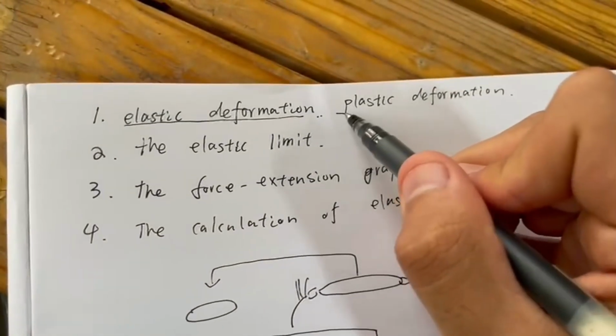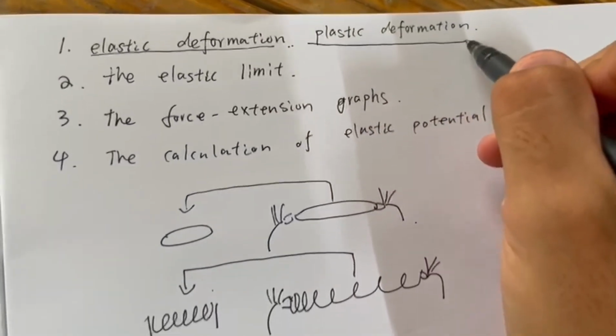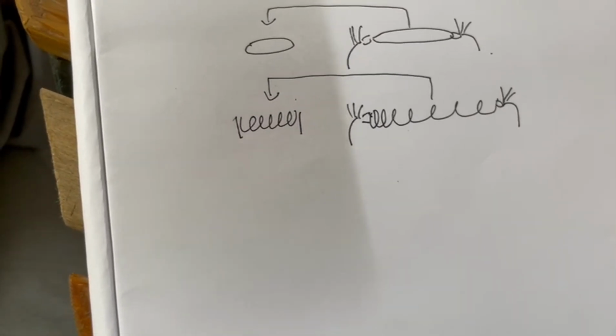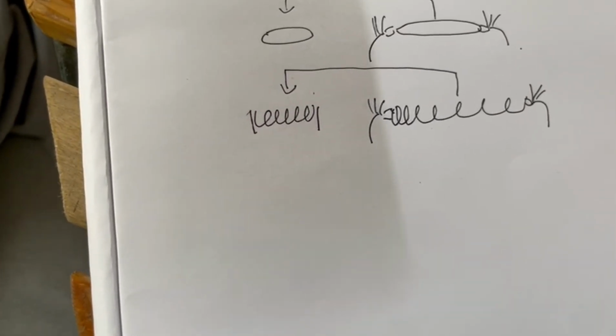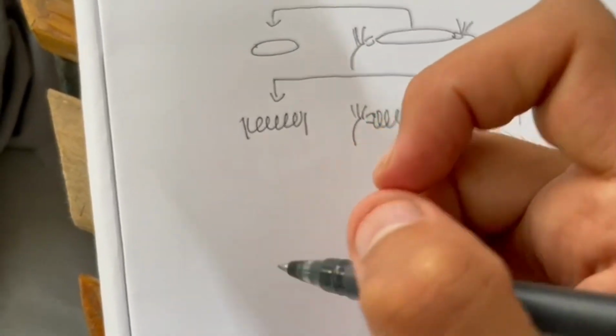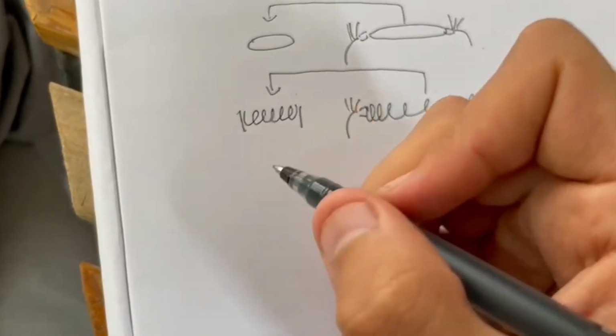So what is plastic deformation? It is when an object does not return to its own original shape after the force is removed. Imagine a piece of clay.